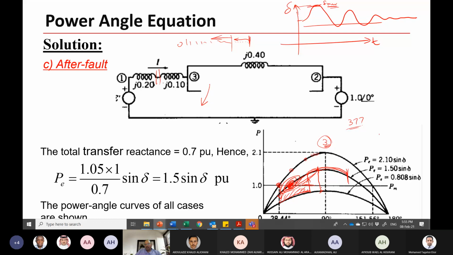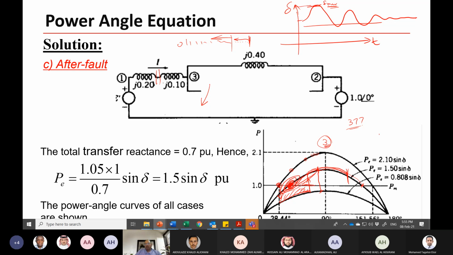As a matter of fact, this angle, delta max, can go until this angle, and the oscillation can reach this angle. If it exceeds this angle, the system will be unstable. The angle can oscillate up to this point, and then go back and forth until it reaches the final destination here.